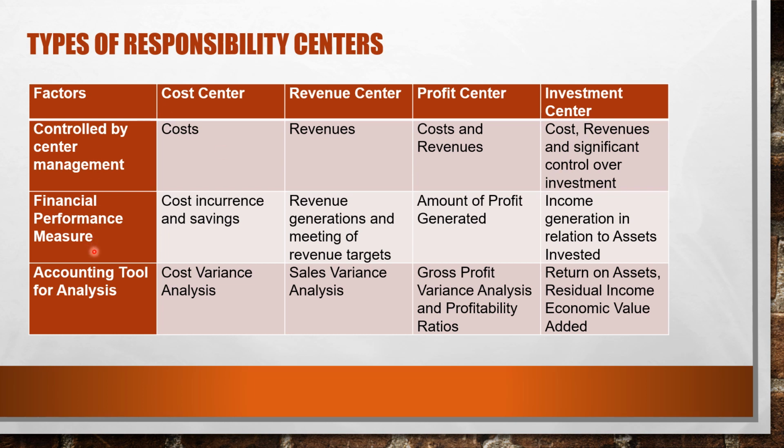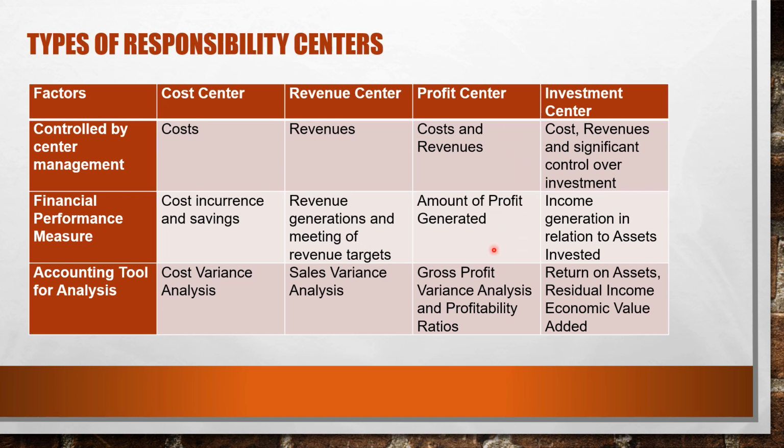For the second, financial performance measure, for a cost center, we have cost incurrence and savings. So managers are evaluated based on how they incur costs and what their cost savings are. For the revenue center, the managers' performance is measured by the way they generate revenues and how they meet the revenue targets.